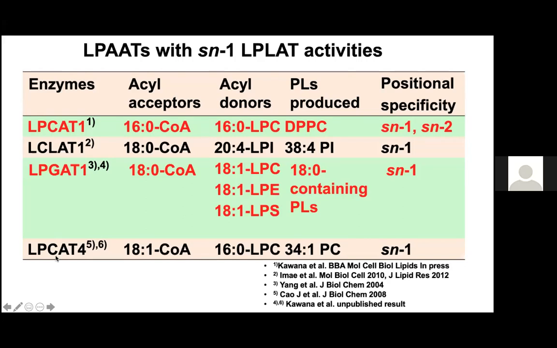Finally, LPCAT4 introduces oleic acid specifically at the SN1 position. So after the identification of these SN1 LPLATs, much will be known about the biological significance of the SN1 fatty acid in the near future.